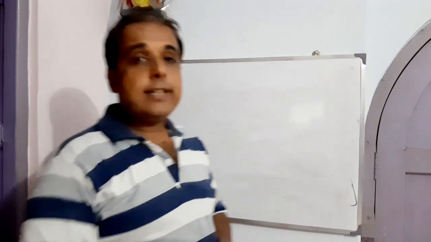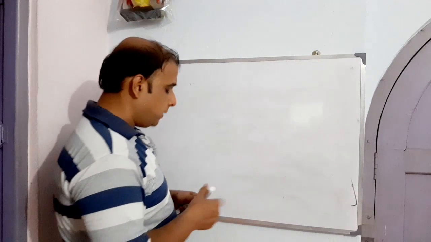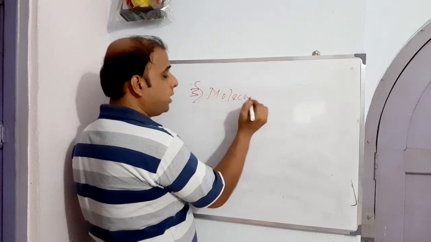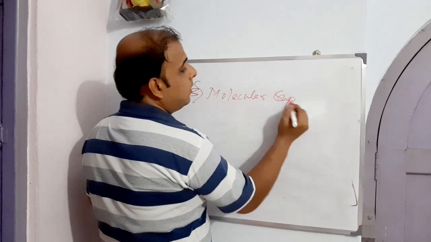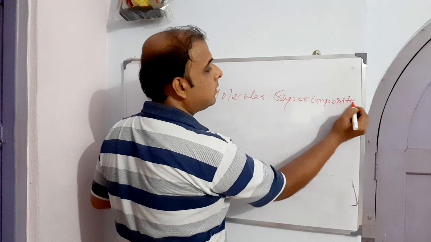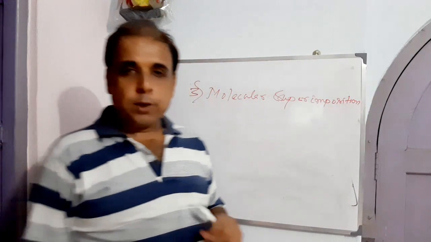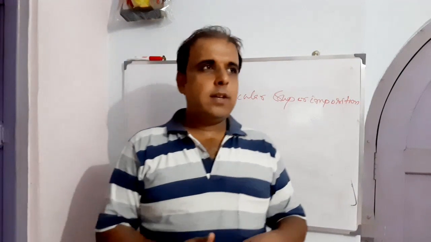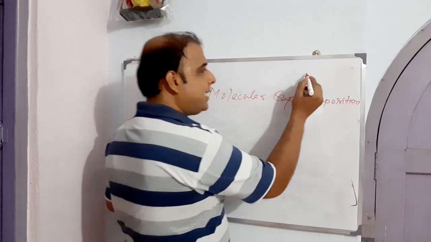The third step is molecular superimposition. Now what is molecular superimposition? Assume you have taken 60 compounds.